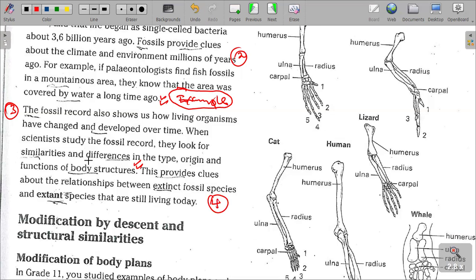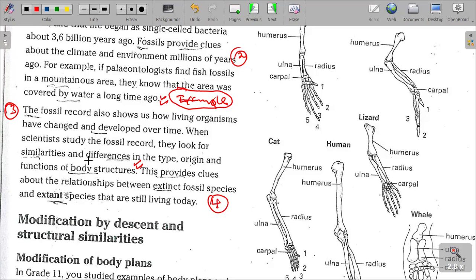Because fossils are only found, or we can only have, the exoskeletons of organisms that can fossilize, which means that organisms with soft body tissues, without bones and so forth, cannot fossilize. Hence, we cannot trace and explain the lives of such soft-bodied organisms that existed millions of years ago. So we need to understand the limitations of fossils as evidence of evolution.